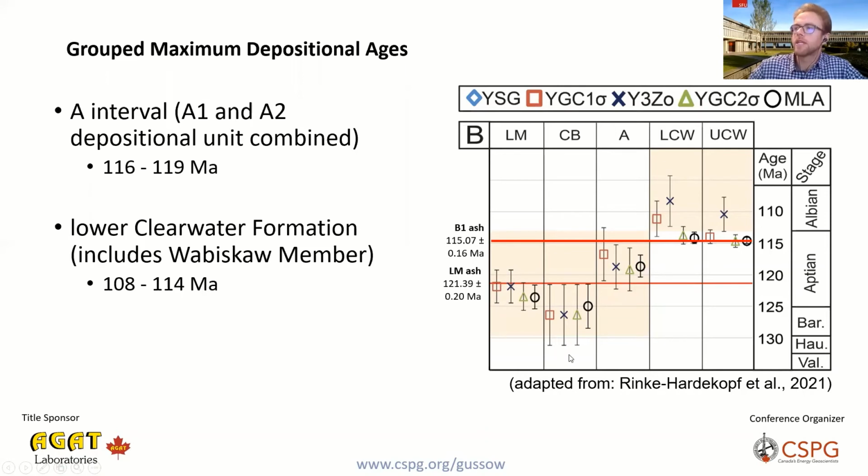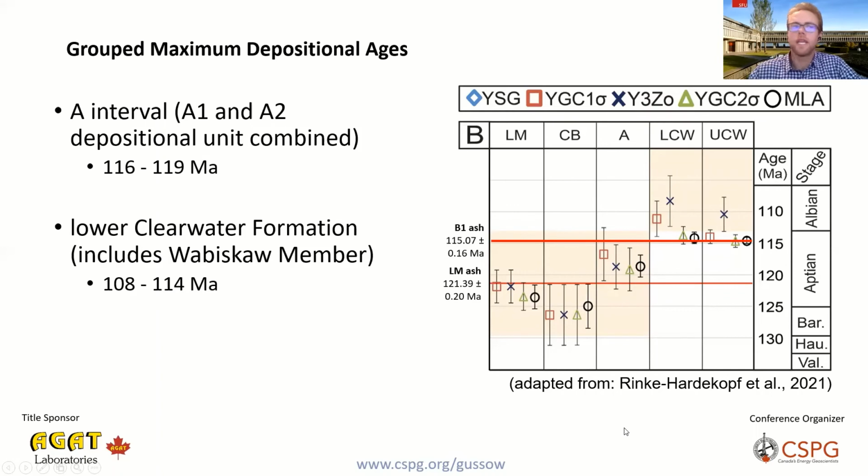The ages that we calculated for the C, B, and A depositional units seem to be a bit low relative to the ages of the ash, which is not entirely surprising given the low proportion of zircon that formed near that depositional age. However, interestingly, for the onset of the lower Clearwater Formation, depending on the different calculation methodologies, we calculate ages of 114 to as young as 108 million years.